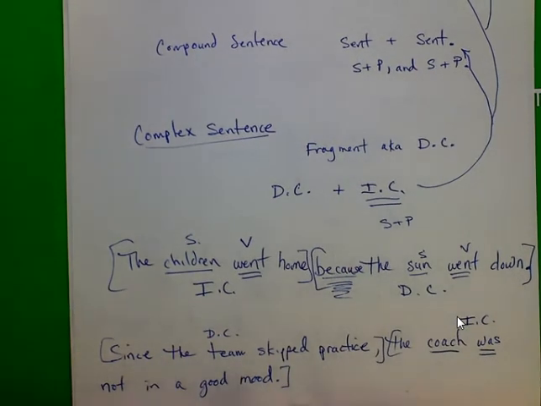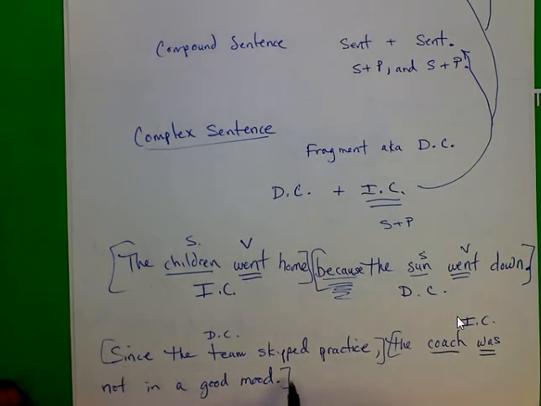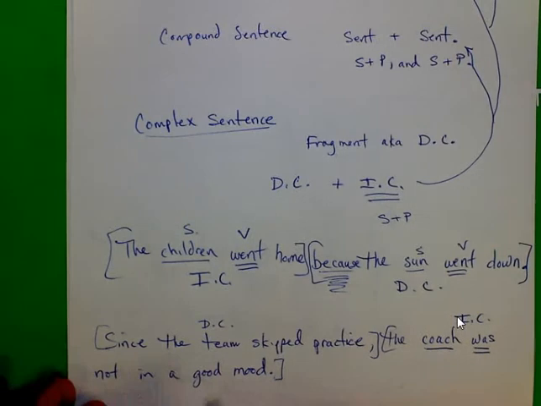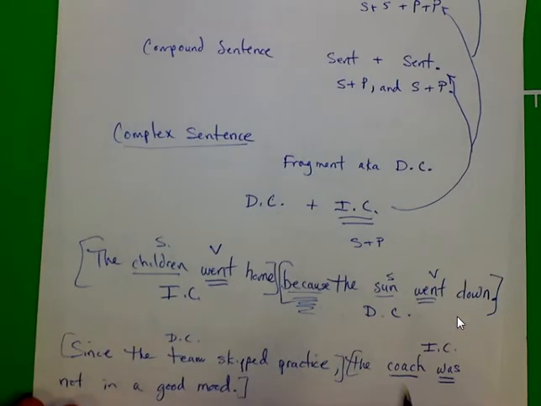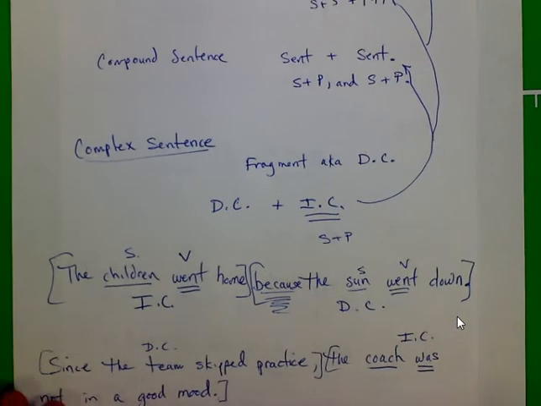And what you're doing is you're using variety in your sentence structure to make your writing more interesting and more detailed. Okay? You could write an independent clause, the coach was not in a good mood, period, and then after it, write a whole new independent clause. The reason the coach was mad was because the team skipped practice.